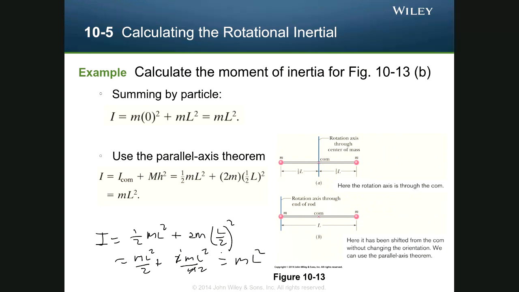All right, so you can see that the parallel axis theorem gives us the same result as summing by the particle. Now in this case, it looks like it's more work, but again, that's often how these things go, right? This method of doing things will quickly become more difficult, and as the systems become more complicated, it becomes more and more difficult to calculate.